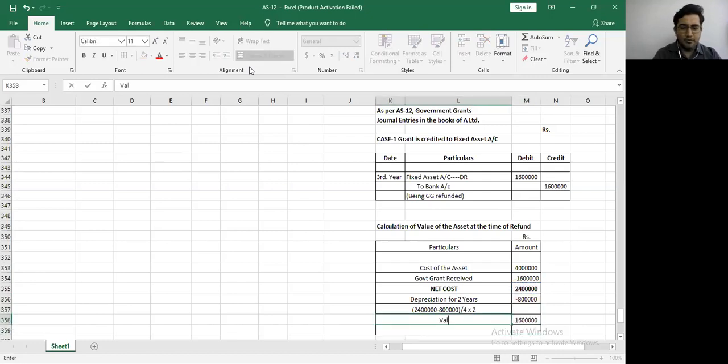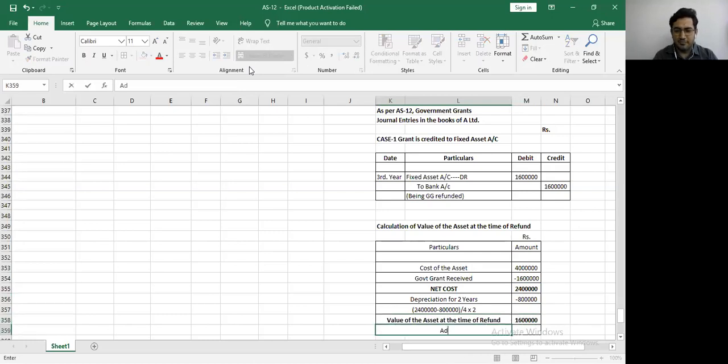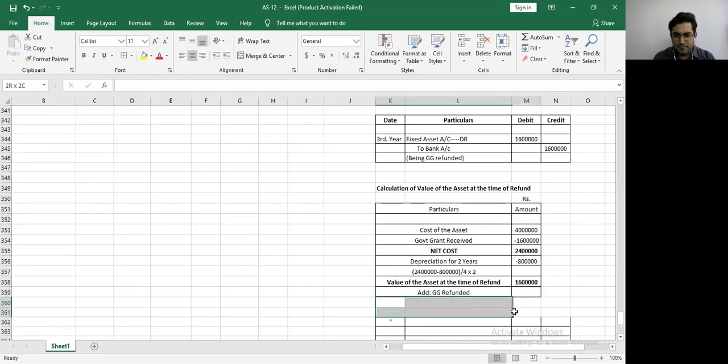So your value of the asset at the time of refund is how much? 16 lakhs. To this we will add government grant refunded. How much government grant did you refund? On your chat box, how much government grant did you refund? 16 lakhs.